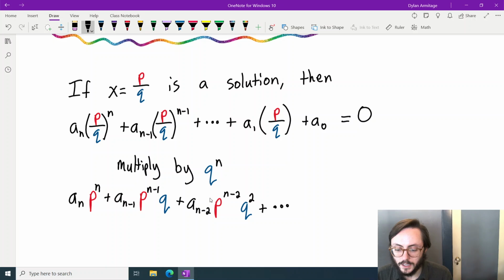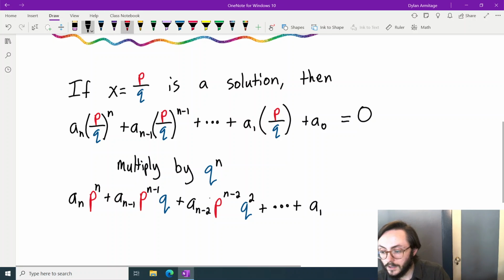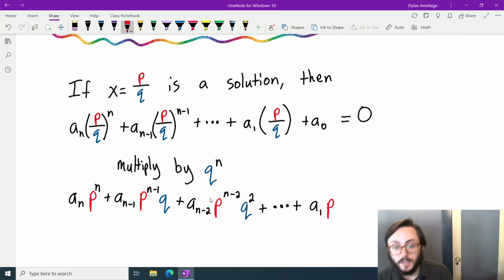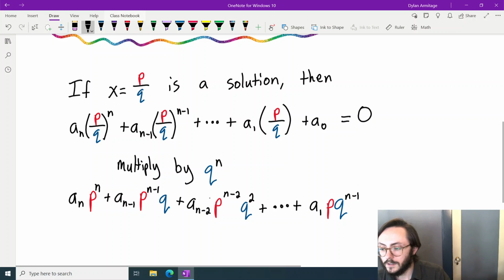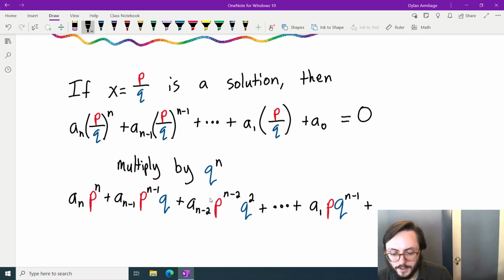Plus, on and on like that, until we get to the end. So we have a sub 1 times p to the first power times q to the power of n minus 1 plus a sub 0 times q to the power of n equals 0.